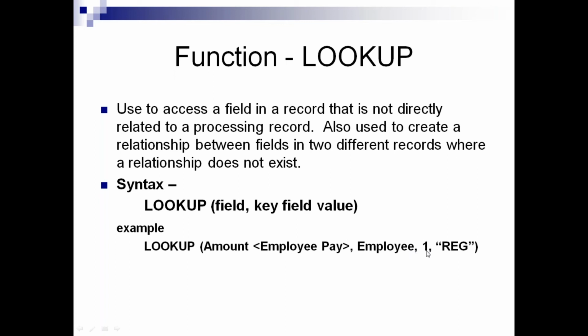This number 1, this is the pay type, whether it's regular, overtime, other. So when you look at a data dictionary for the employee pay record, this number is part of the index for that amount. And then that's followed by the pay ID itself inside the quotes, and then a closing parenthesis.